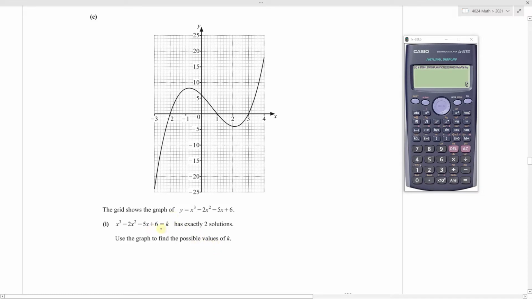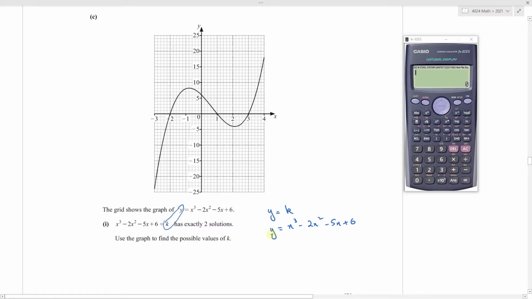If you look at this equation, this side is the same as this. On the other side, you had y, which is replaced by k here. So the equation of the other line is y equals k. And then you have this equation, y equals x cubed minus 2x squared minus 5x plus 6.